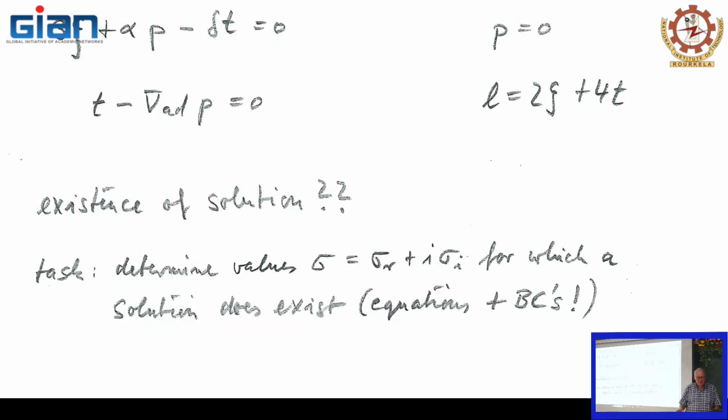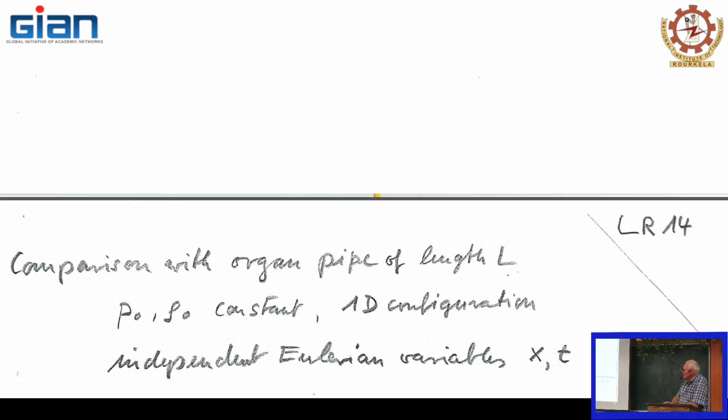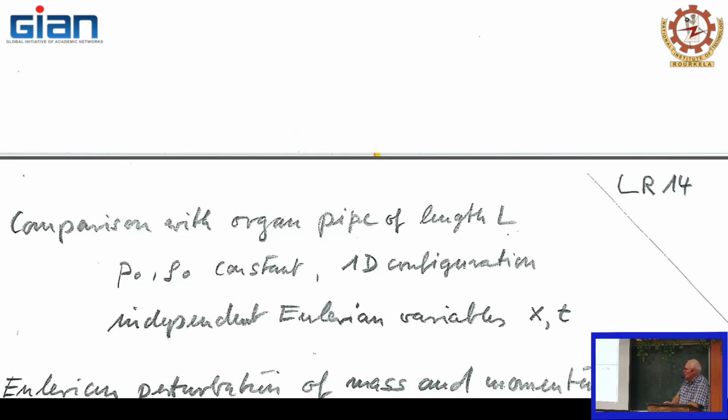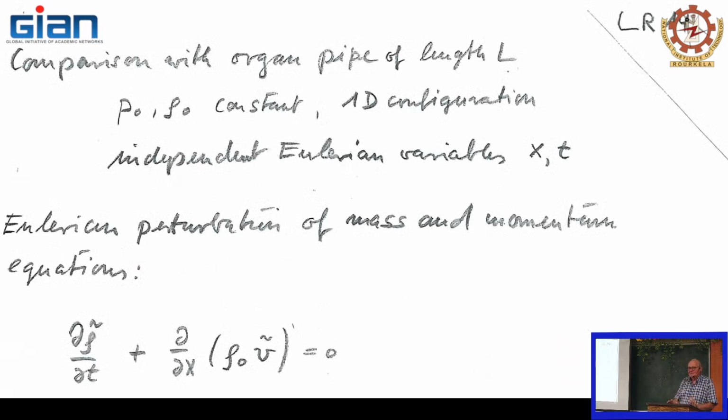But if you have a boundary value problem and use sigma as a parameter by which you can guarantee a solution, then you can end up with both satisfying the solution and determining the spectrum of eigenfrequencies. Okay, the analog of this system is again our well-known organ pipe. So let's consider the corresponding problem for our organ pipe of length L.